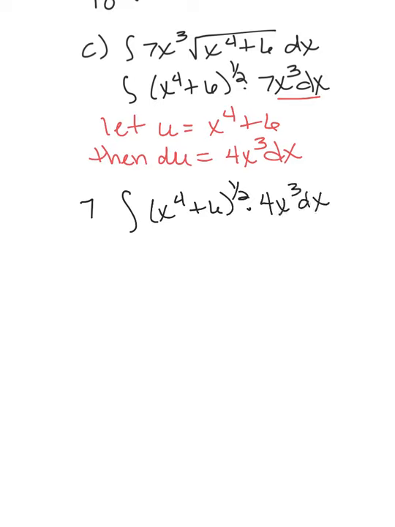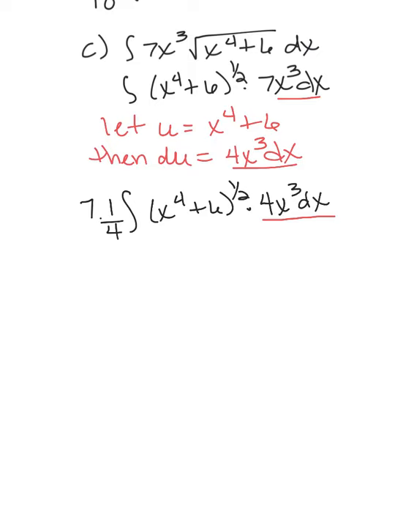We're forcing in the 4. But to offset that out front, we need a 1/4. So now the 4x cubed dx exactly matches what our du is. By putting the 1/4 out front, we have taken the whole thing times a 1, and it's still equal to what we had originally.